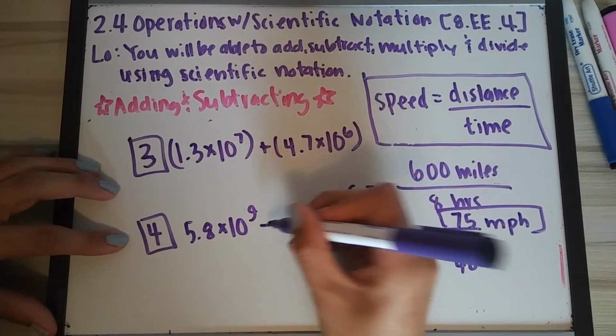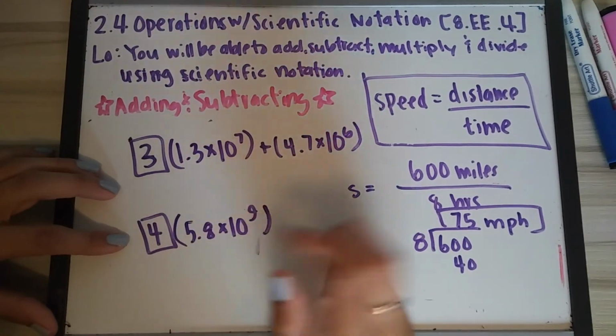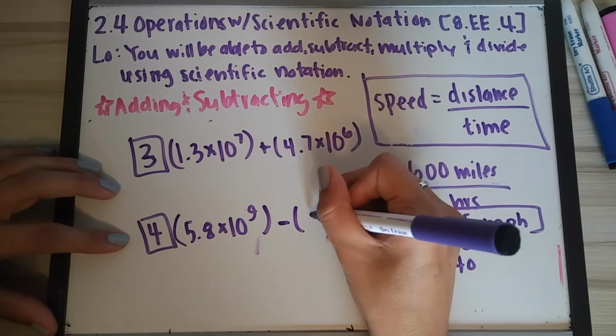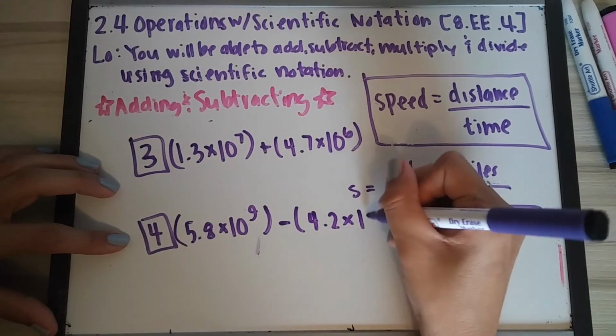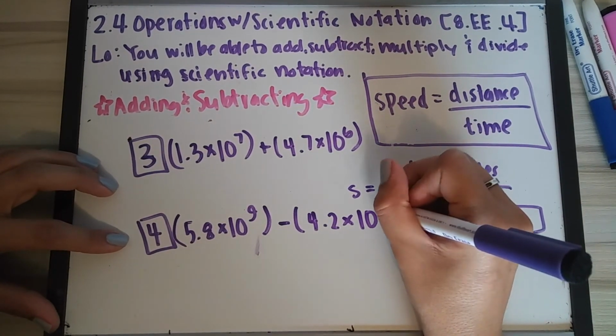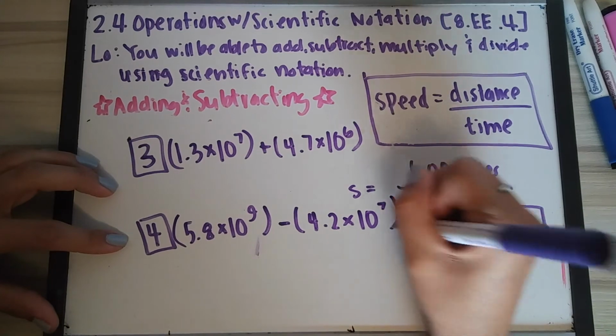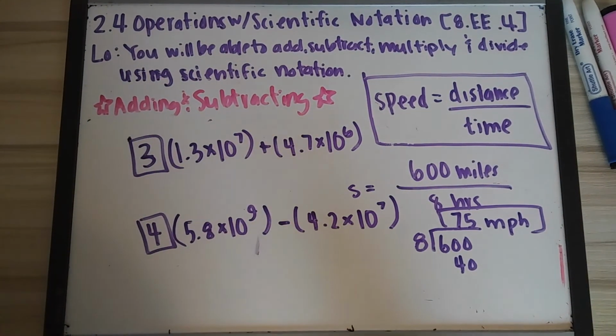And then minus, you're going to do the same thing right there as well, okay, with your powers. Minus, let's do 4.2 times 10 to the 7. Okay, so let's work with those two problems. So you have 4 problems to do. Remember, Math is Magic when you're amazing.